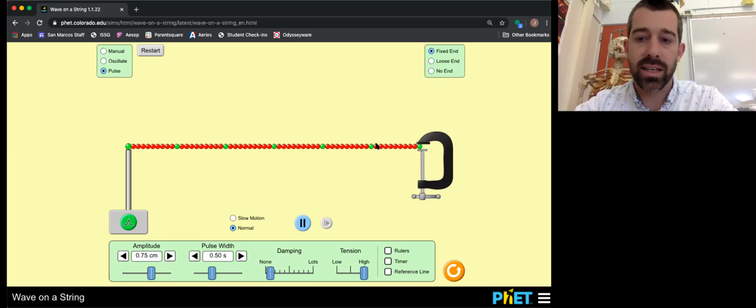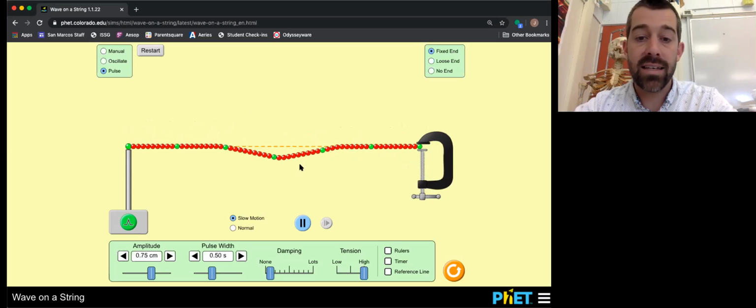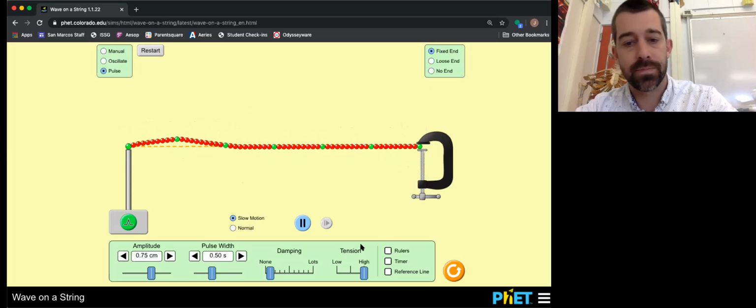So you can see this is like a string, and we've clamped the end of the string so that it doesn't move. So we're going to send one wave pulse. I'm doing it in slow motion. And so here's our incident wave coming in toward the end. When it hits, it gets reflected and inverted. So it goes from being a crest to being a trough.